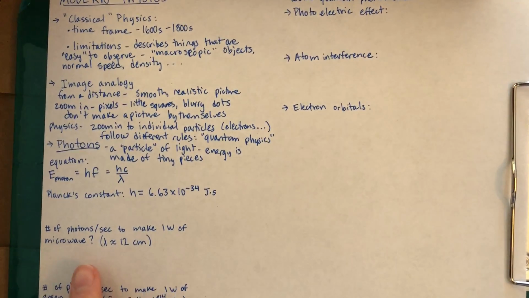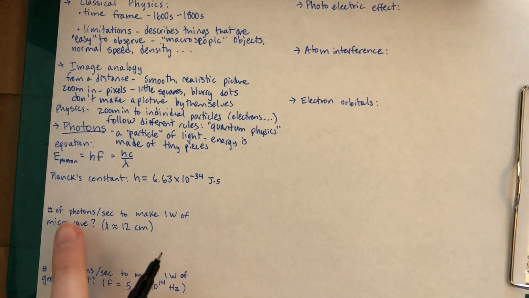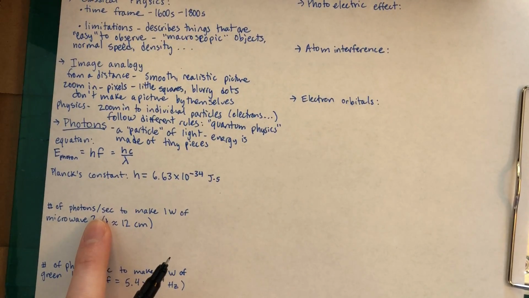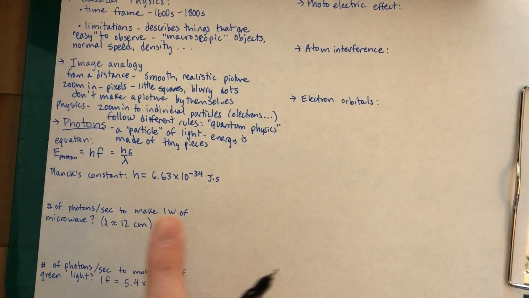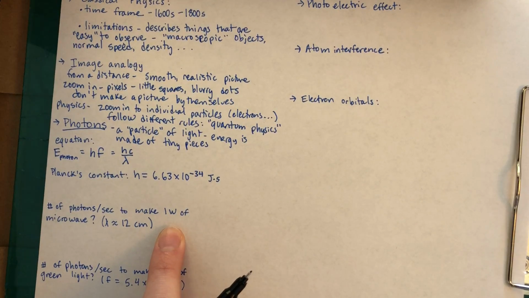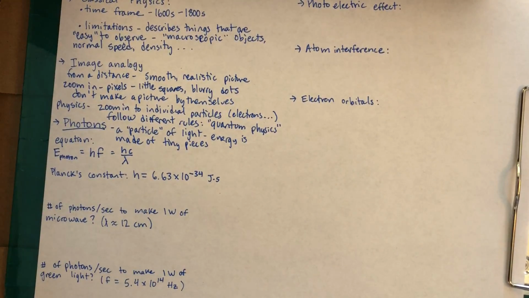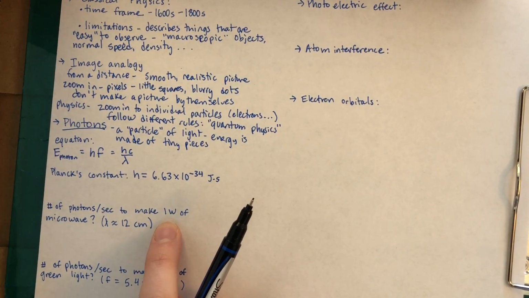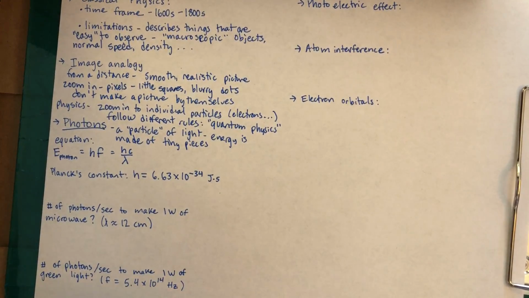So how many photons per second would we need to make 1 watt of energy in a microwave? Now, most microwaves are like 500 or 700 or 1,000 or 1,100 watts, but 1 watt of energy, how many photons would that be? So 1 watt of energy per 1 second would be 1 joule.